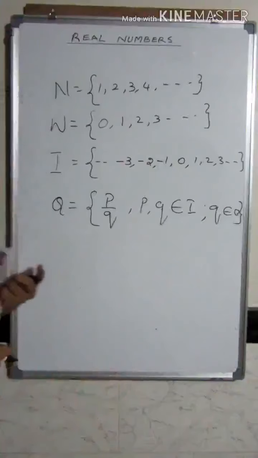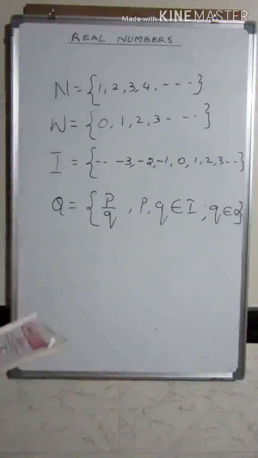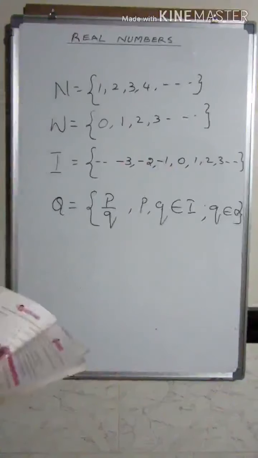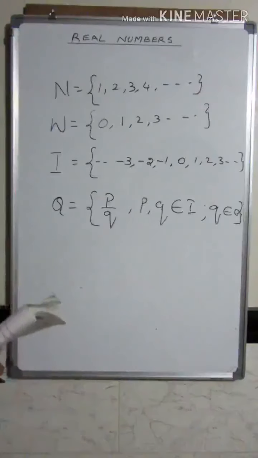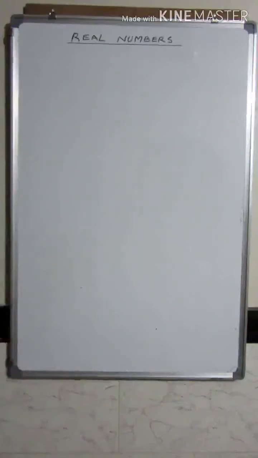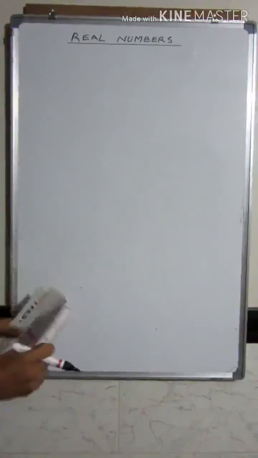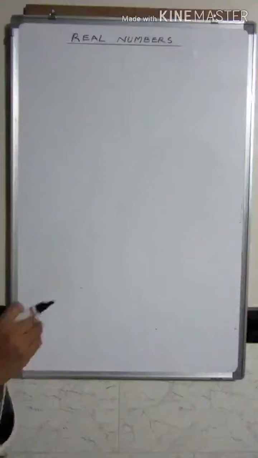Now whenever you are writing the rational numbers in the decimal representation, the decimal form of any rational number is of two types.